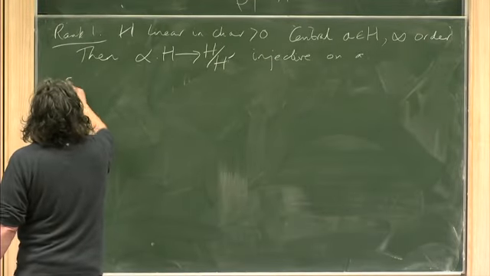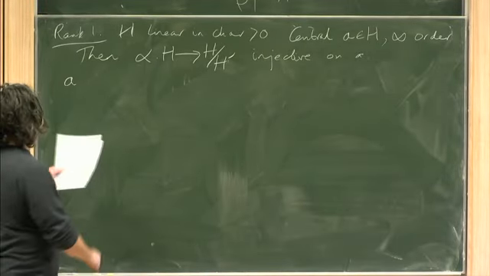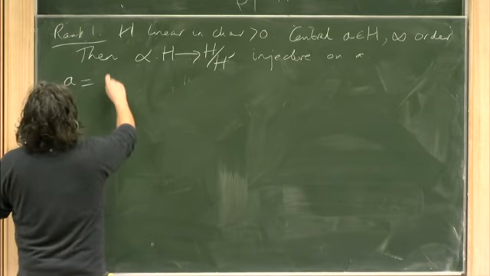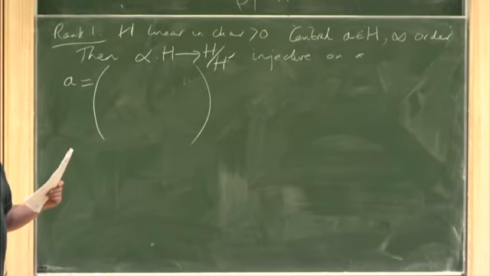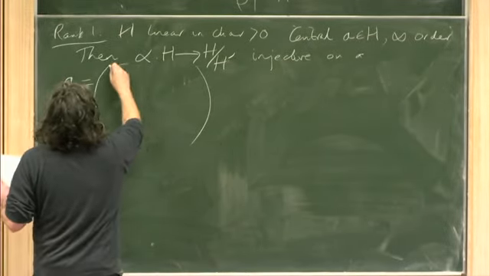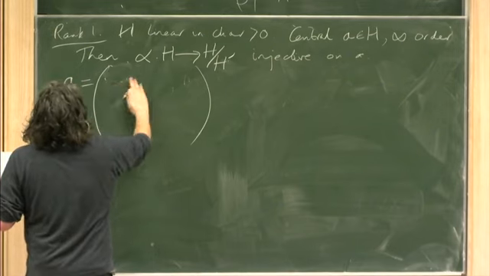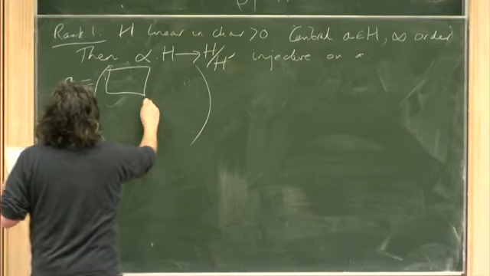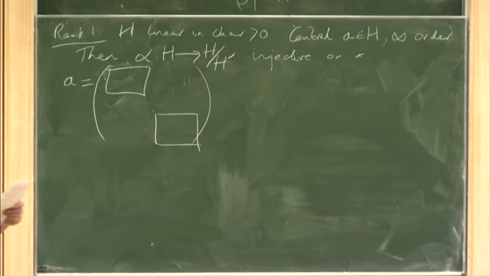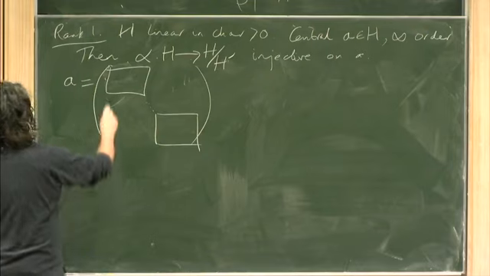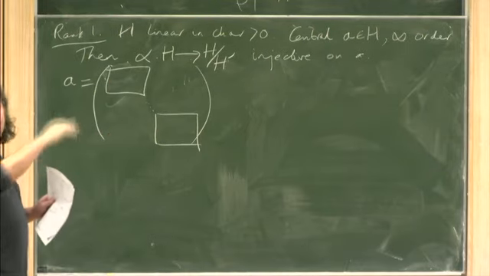Well, put A in a nice form, Jordan normal form, say. So you have eigenspaces and generalized eigenspaces for each distinct eigenvalue. We're working over the algebraic closure, say, and then turn it into upper triangular matrices in each block.